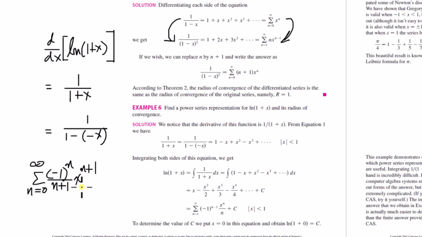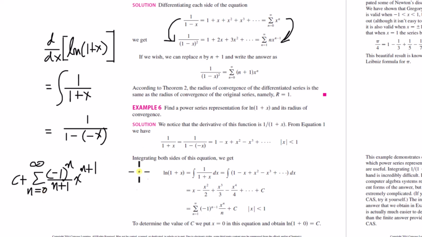There's the integral. So that's the power series representation of natural log of 1 plus x, right? Because we integrated the power series, and then we also integrated this and got this. Yeah, we've got to add the plus c over here. Okay, but then they update it. If you start at n is equal to 1, it updates to this.